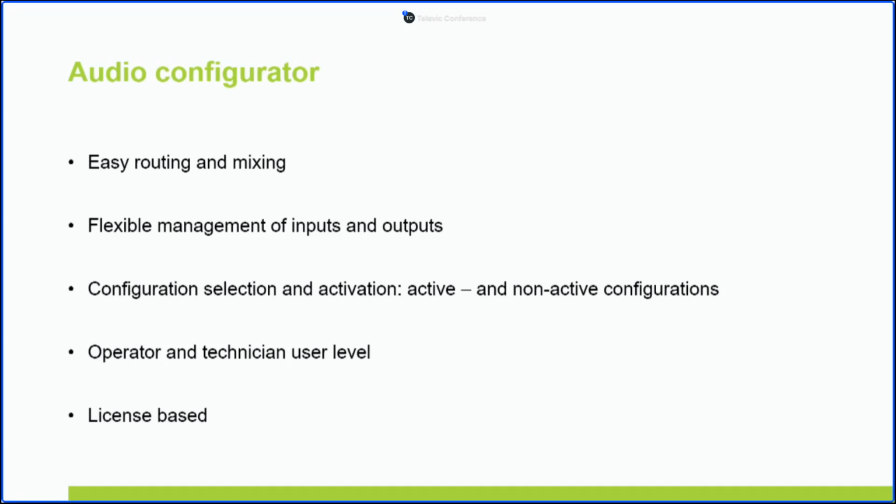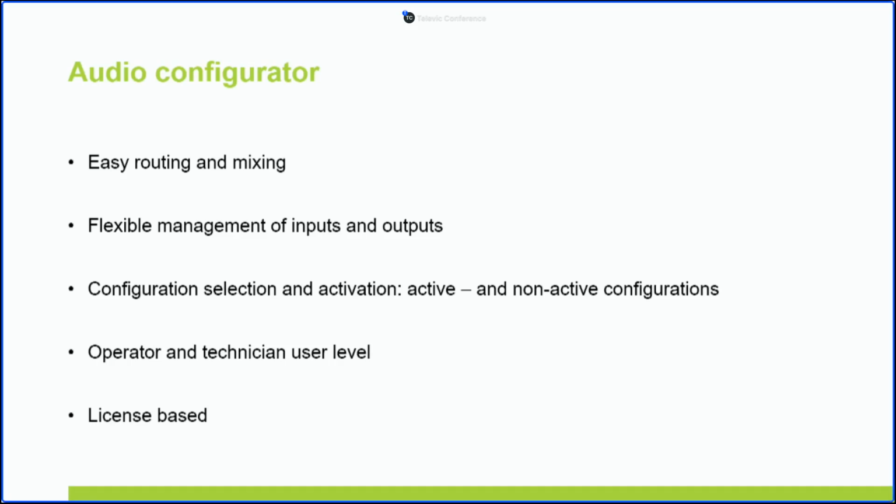This will be license-based. For the basic one, when you have Configurator on your engine, you don't have to buy anything. When you want to go to this complex or more advanced audio routing, then you will have to pay a license. Just like you have the Configurator 360 license, you will have the Configurator audio license.